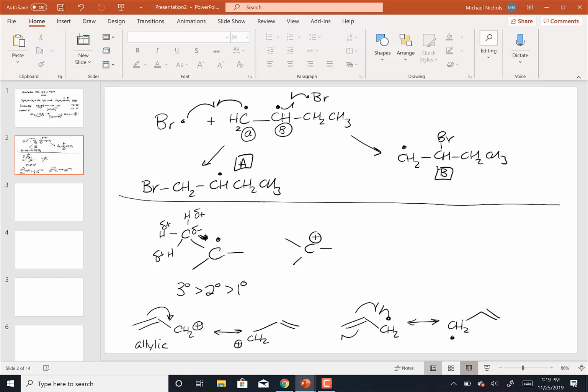You wrote it on the right. Yeah, so you connect it.